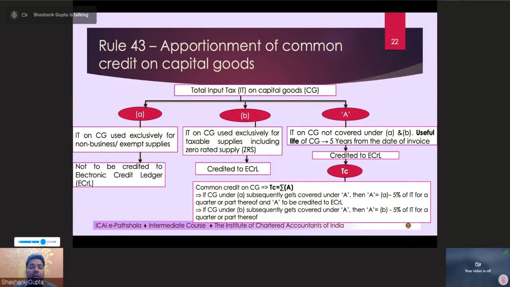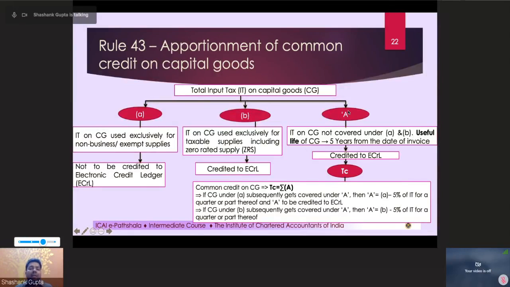If capital goods are covered under A and they subsequently get covered under common, so they were earlier covered here, that is, they were exclusively being used for non-business or exempt supply, but now they have moved from being exclusively used for exempt or non-business, now they have moved to common bracket.